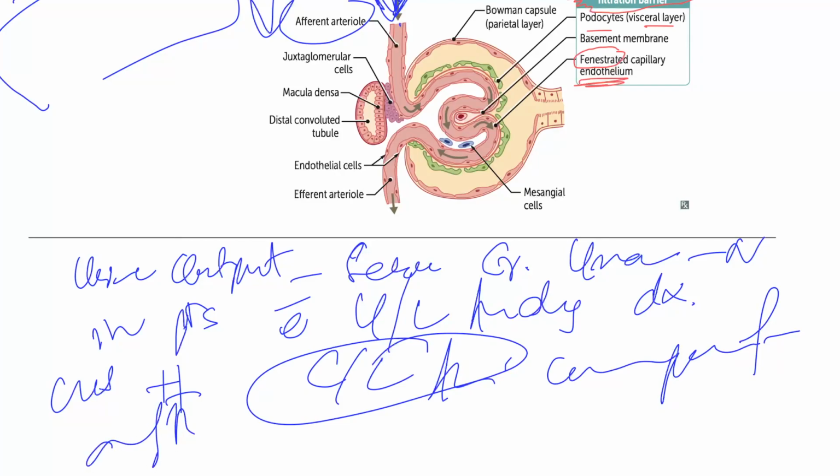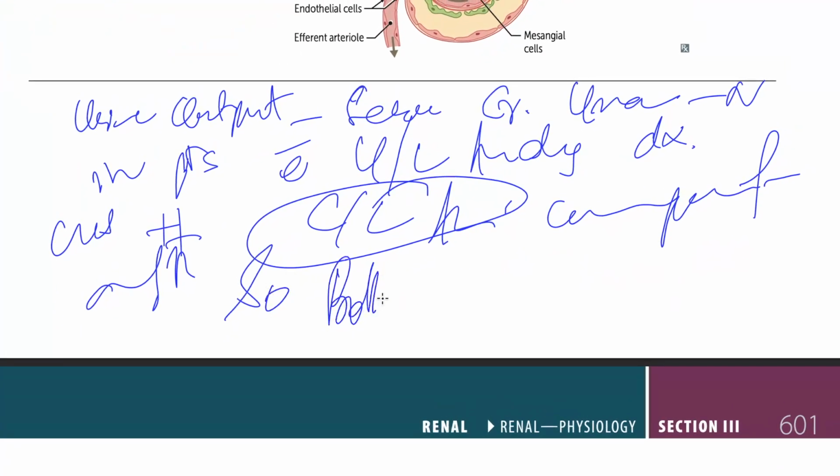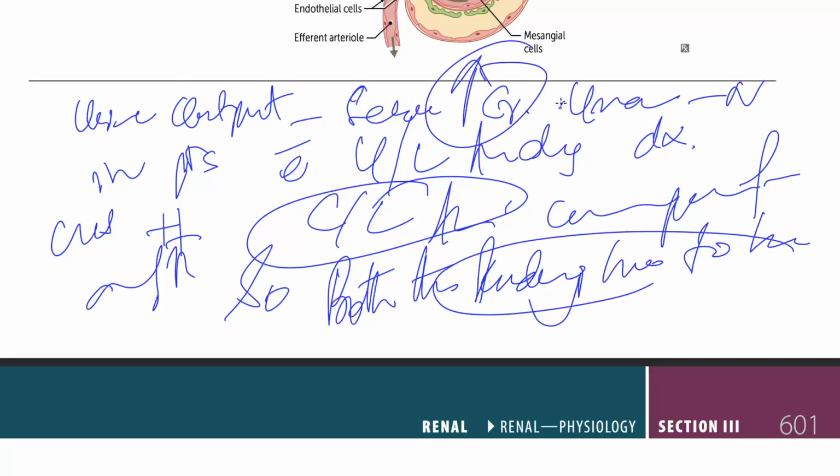So basically both kidneys have to malfunction for us to have an increase in creatinine and an increase in BUN.